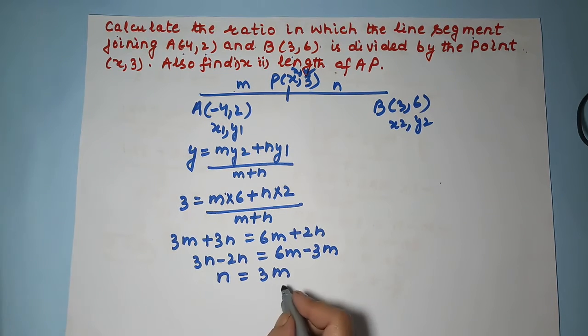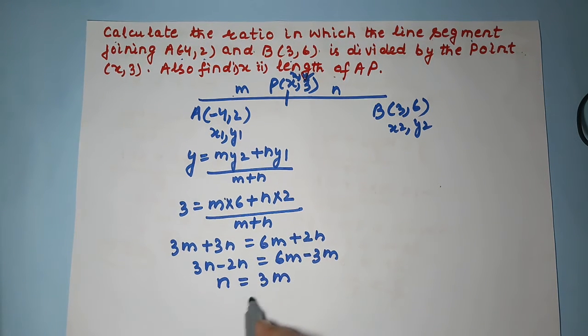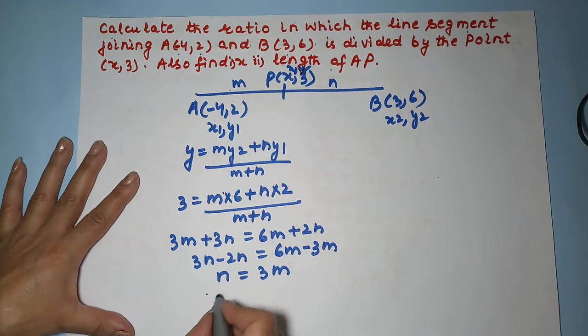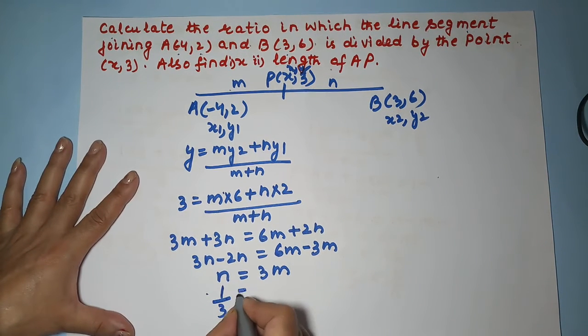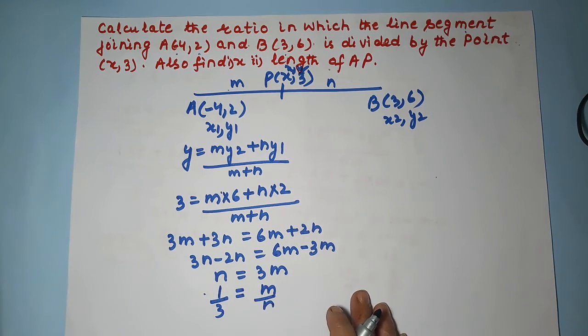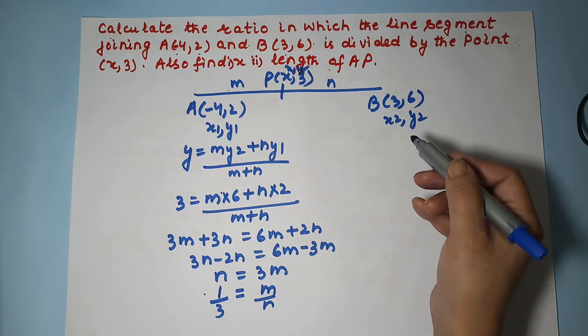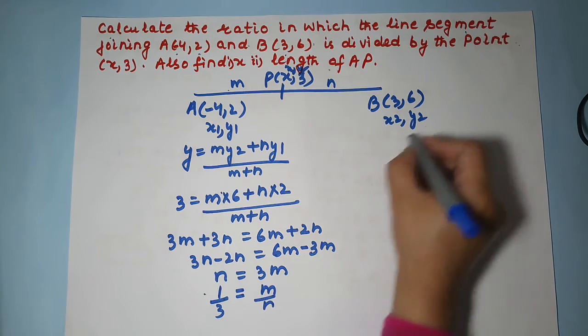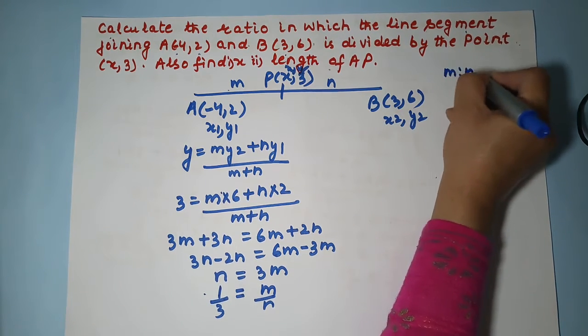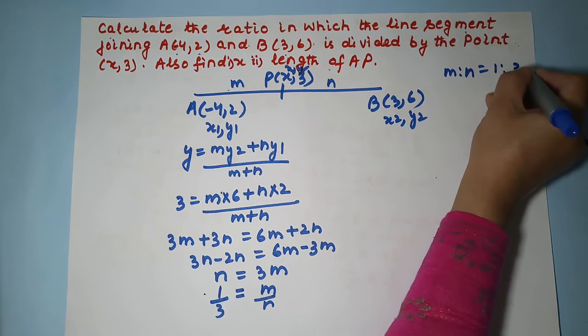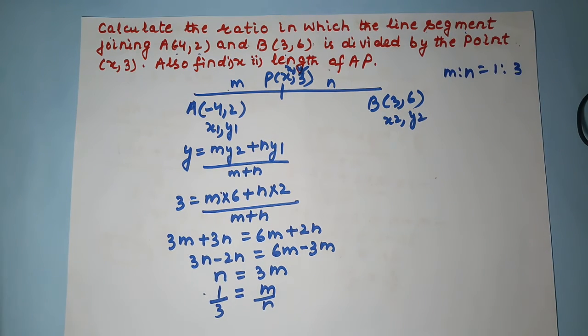So I will bring this n here and shift this 3 here. So I will get 1 by 3 is equal to m by n. So what is the ratio? I have found m is to n. How much is m is to n now? It is 1 is to 3. Fine. The ratio is now there.